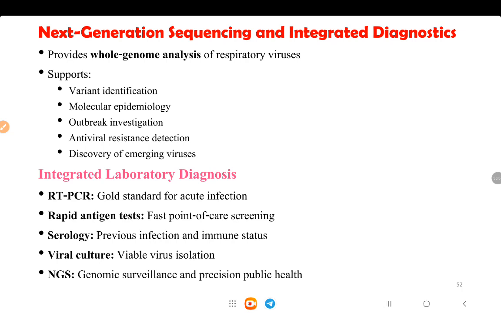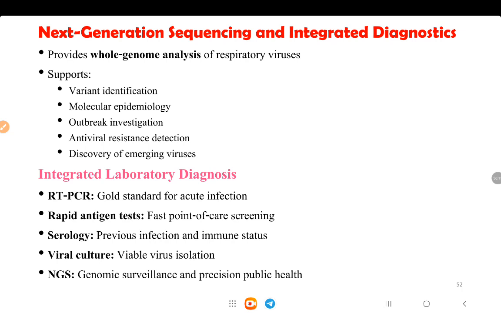In routine practice, diagnosis usually begins with real-time PCR, not with next generation sequencing, using a serological diagnostic method. The integration of laboratory diagnosis using serological diagnostic methods together gives the most complete understanding of the respiratory viral infection. Here we can use PCR, the gold standard.